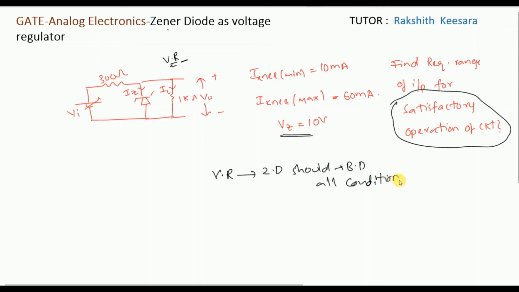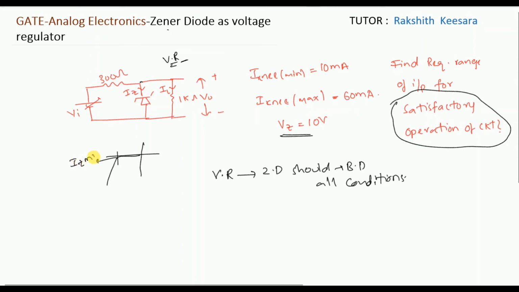I am repeating it, guys. This is a voltage regulator circuit. Satisfactory operation of the circuit means the voltage should always be regulated. That indicates that the Zener diode should always be in the breakdown region. If you see the characteristic here, this is Iz minimum.